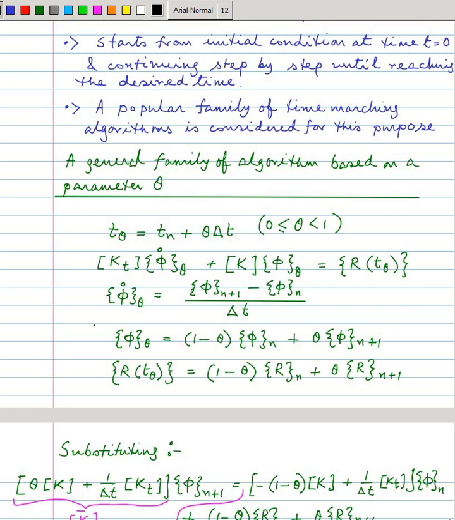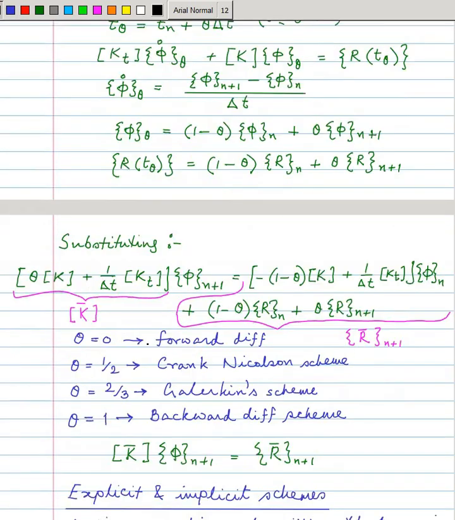Now if you substitute these values of phi dot theta, phi theta and r t theta in here, you get this equation. So theta plus 1 by delta t kt phi n plus 1 equal to this plus this.